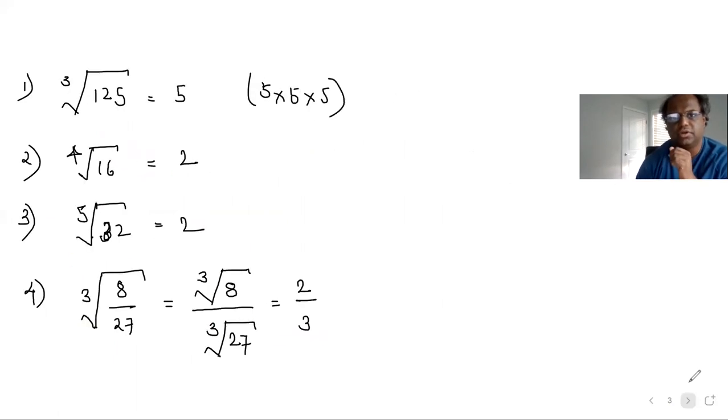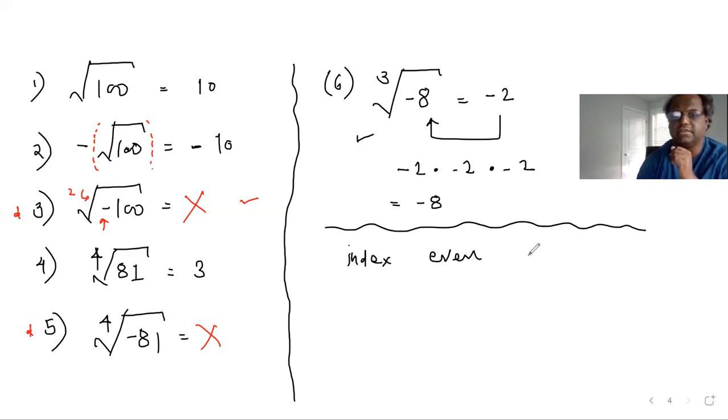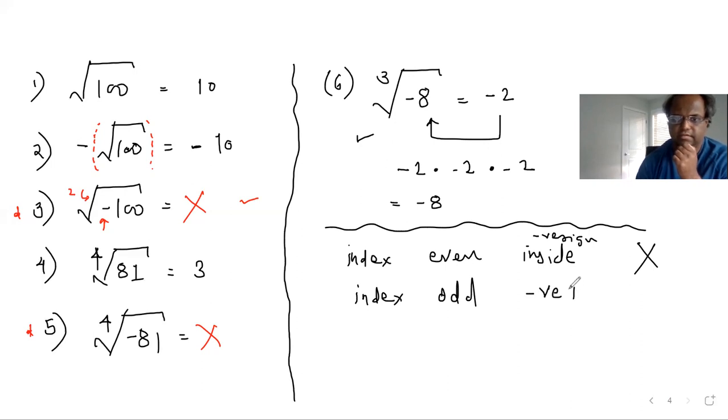Long story short, if the index is even and the negative sign is inside the radical, you have no solution. If the index is odd, it doesn't matter if the negative sign is inside, a solution exists.